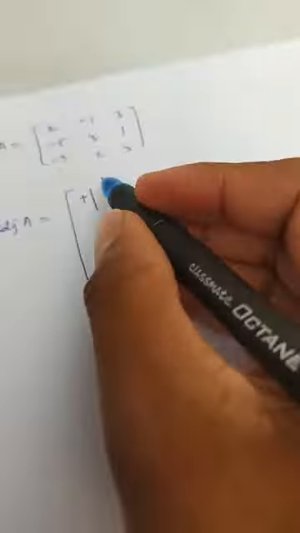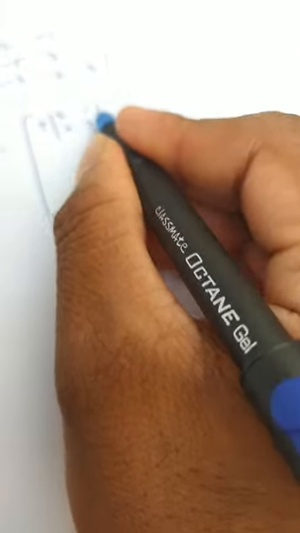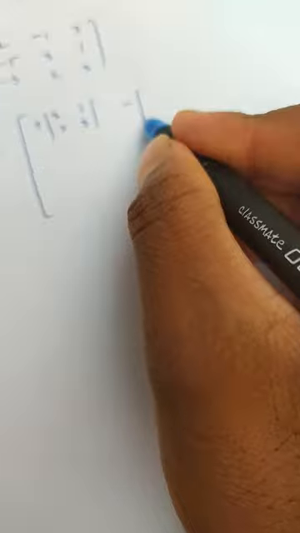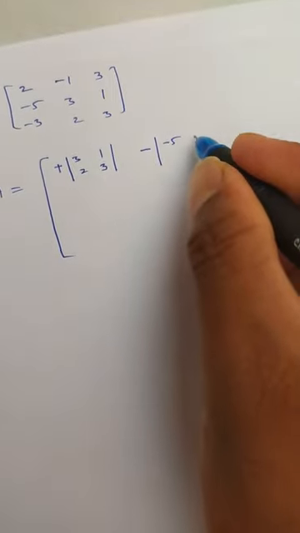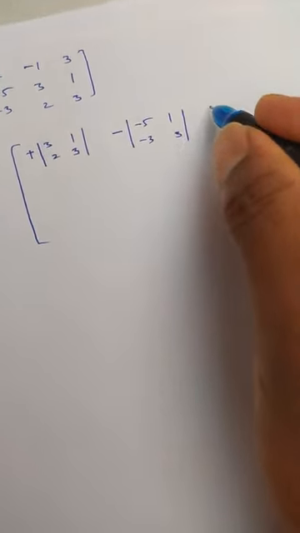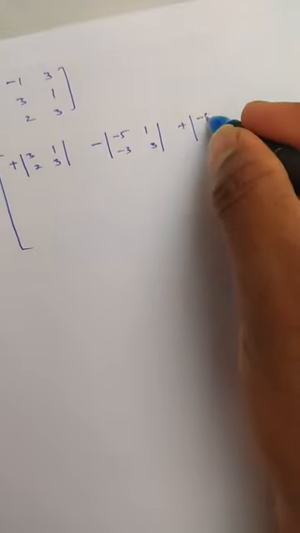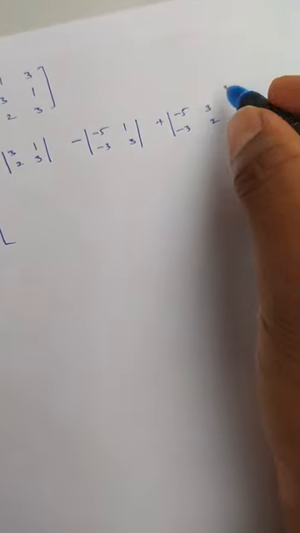So for the first minor I am taking plus, remove the column and row, you get 3 1 2 3. Minus. Now remove this column and row, you will get minus 5 1 minus 3 3. Next plus, last column, minus 5 3 minus 3 2.